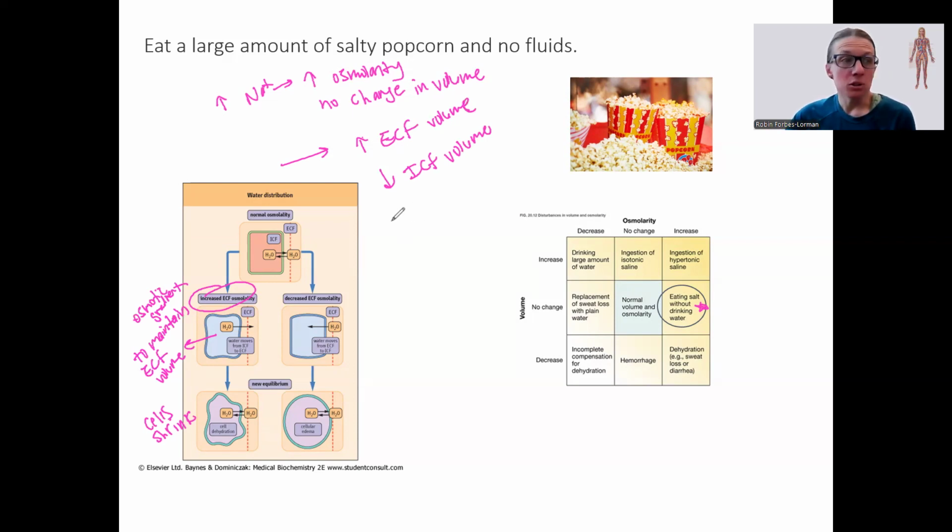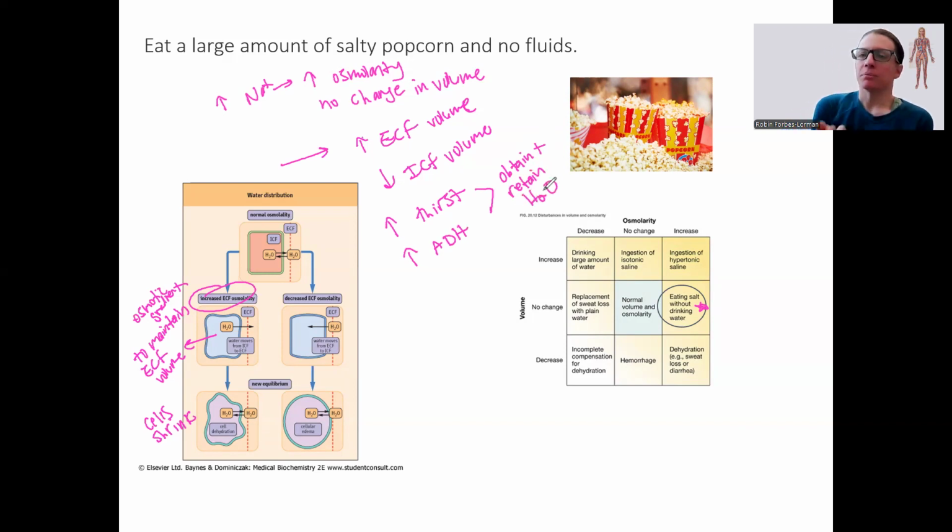But then what our body's going to do is increase thirst and increase ADH. This is going to allow us to obtain and retain water through reabsorption to compensate for this high osmolarity.